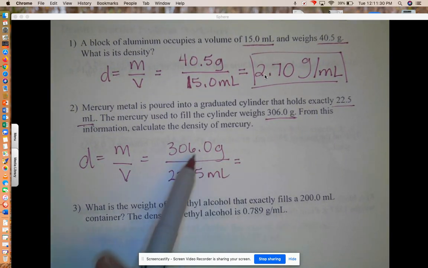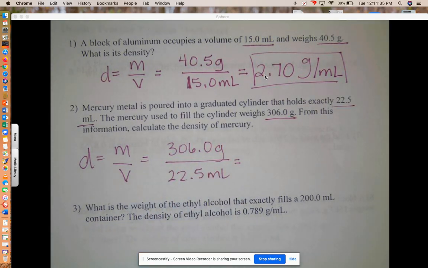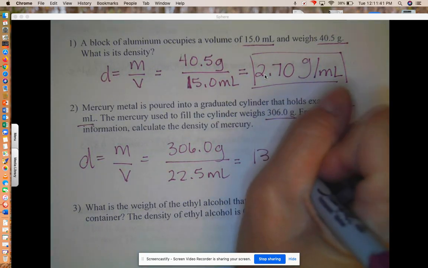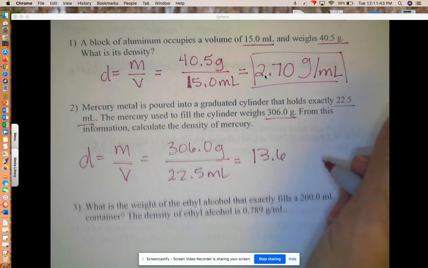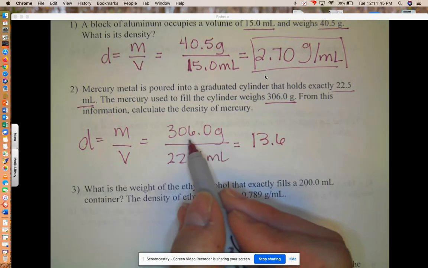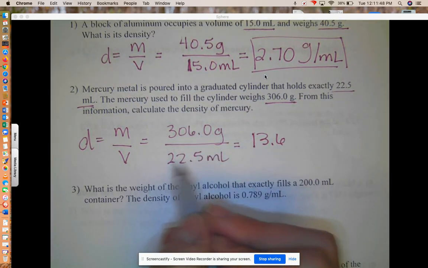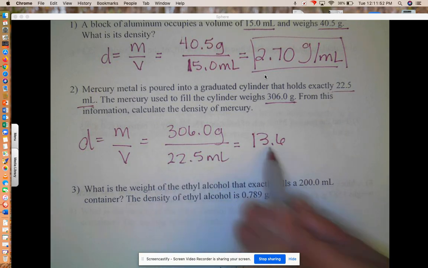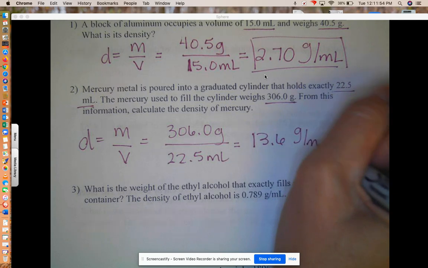That you didn't leave out this 0.0, or then you're messing up on your sig figs. Oh, I messed up. Who's got an answer? 13.6. Is that the calculator answer? Perfect, right? This one has 4 sig figs, and this one has 3. So I'm going to leave it at 3 grams per milliliter.